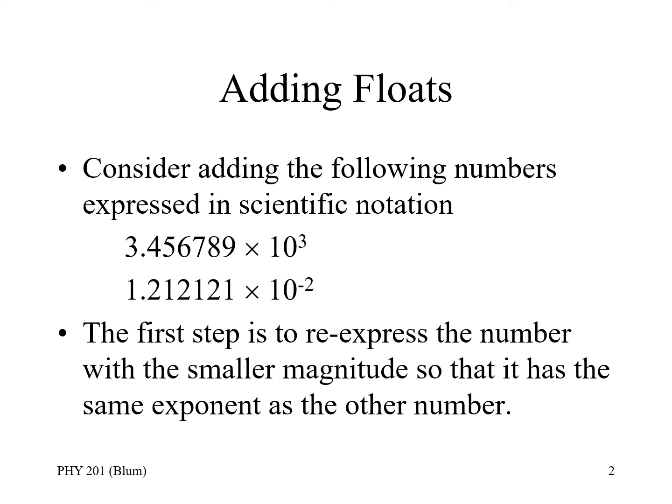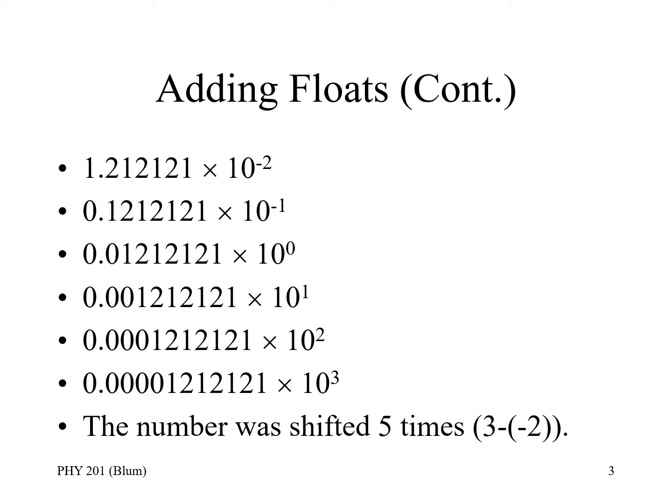Our first step towards adding these two numbers will be to re-express the smaller number in a form in which it will have the same exponent as the larger number. So the smaller magnitude number was 1.212 times 10 to the minus 2, and we want to get it to have a power of 10 to the minus 3. So we're going to make the power larger, so we must make the number out front smaller.